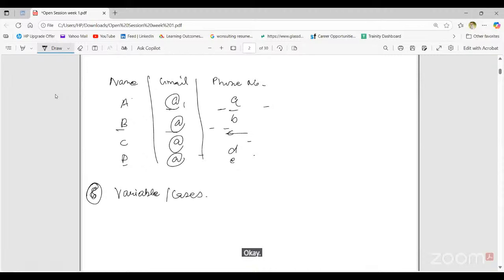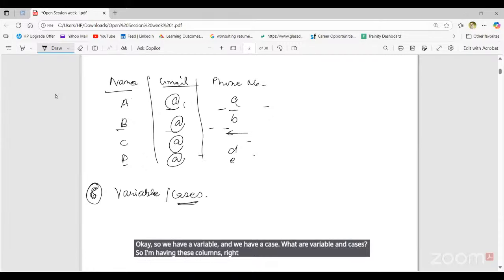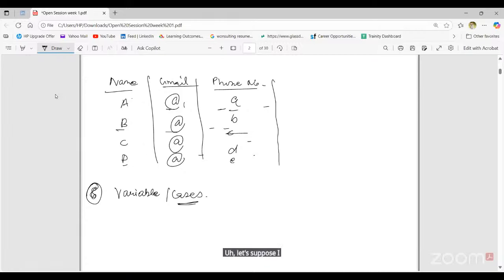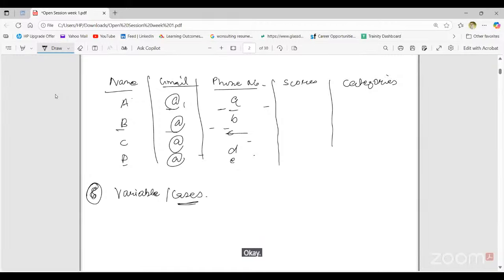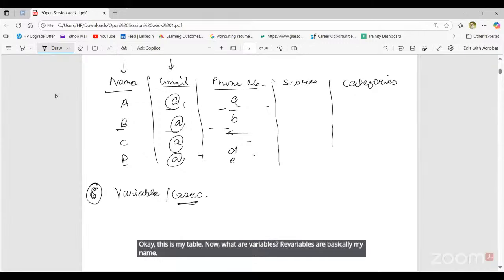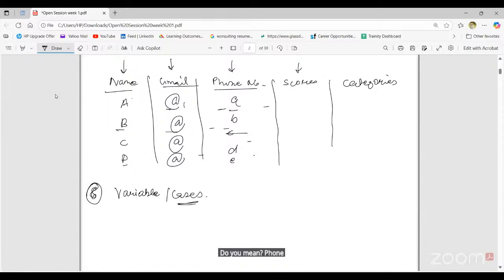Okay, so we have variables and we have cases. What are variables and cases? I'm having these columns: name, Gmail, phone number. Then let's suppose I'm having scores of the students. Then I'm having their categories. This is my table. Now, what are variables? Variables are basically my name, Gmail, phone number, scores, and category. Variable means that which is varying.